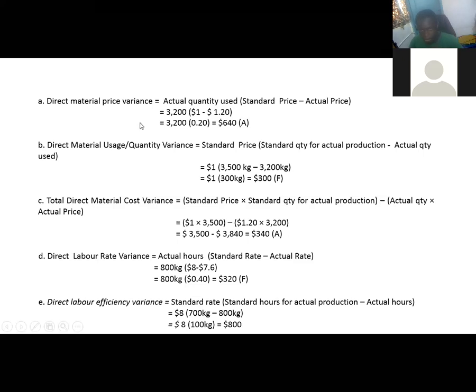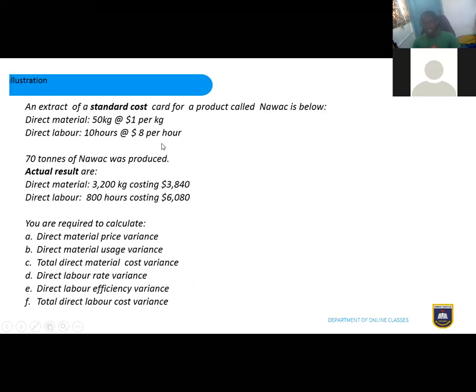So now, per the formula, actual quantity used is supposed to be outside the bracket. So now, let's go back to the information. Actual quantity used or actual material used. Do not forget that during the intro, I told you that information will be given to you based on standard cost and what? Actual cost. So now we are supposed to find what? Actual quantity used.